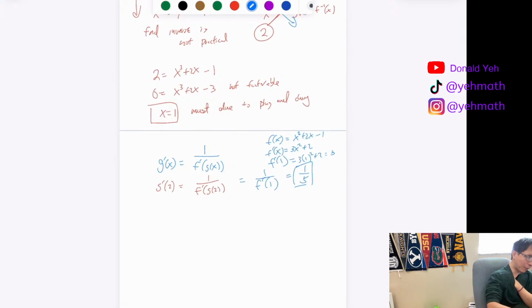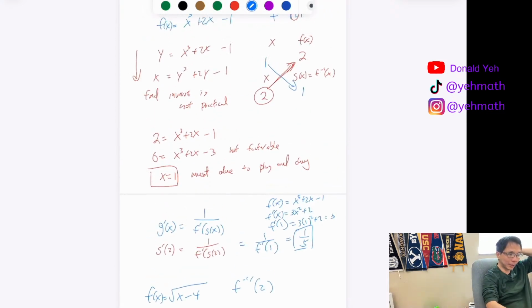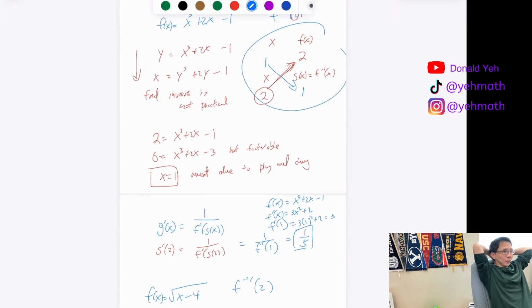So this is the question I want you to find. f of x equals square root of x minus 4. I want you to find f inverse prime at 2. Now building this table is really important. This table is to help you solve a problem, because you know that x and y are going to swap coordinates.